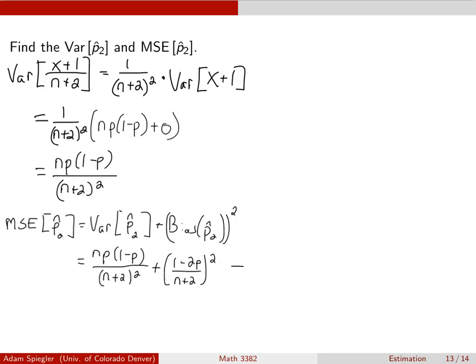So if we add those two fractions together, this gives us a mean square error of n times p times 1 minus p plus 1 minus 2p squared, all divided by n plus 2 squared.